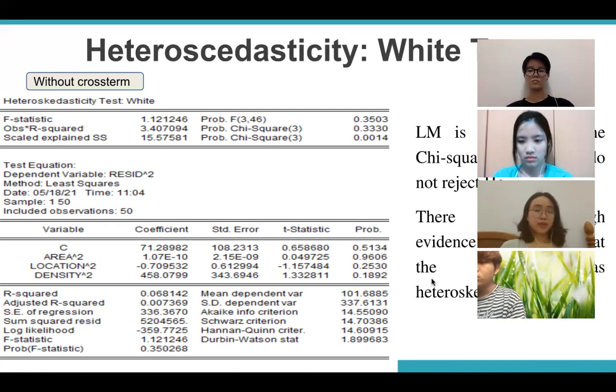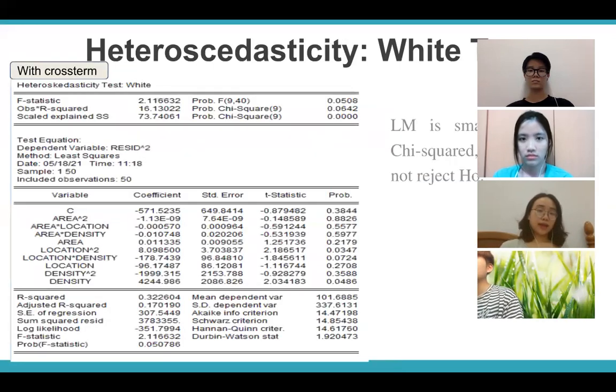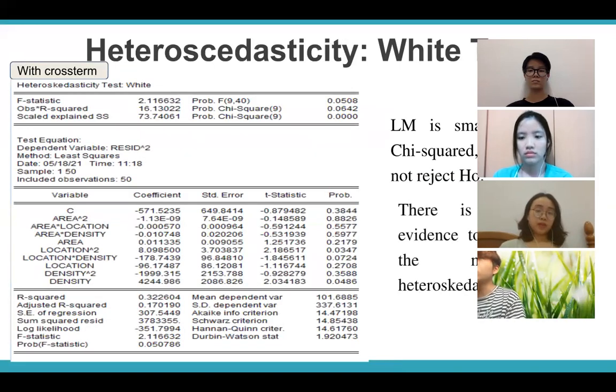And with the White test with the cross term, we can see that the LM is equal to 16.13022, which is smaller than the chi-square, so we do not reject H0. Therefore, we can conclude that the model does not have heteroscedasticity.